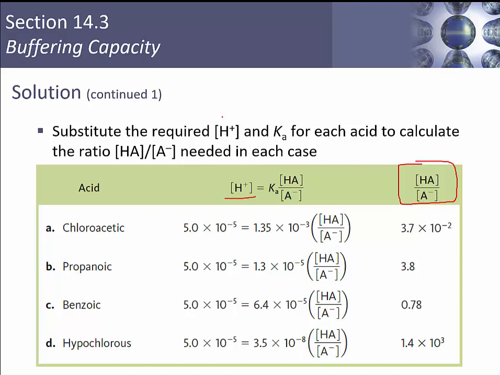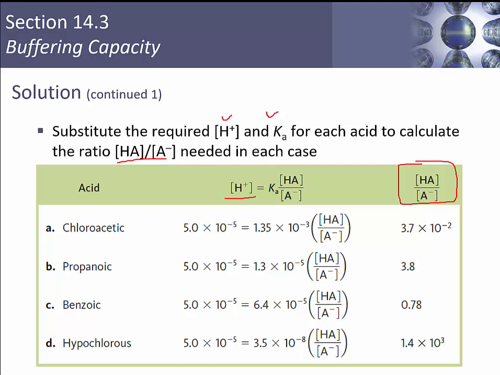We're going to substitute in the H+ and the Ka for each acid to calculate the ratio needed in each case. So we'll end up with 3.7 times 10 to the minus 2 for chloroacetic. And then down at hypochlorous, we're going to get 1.4 times 10 to the plus 3.